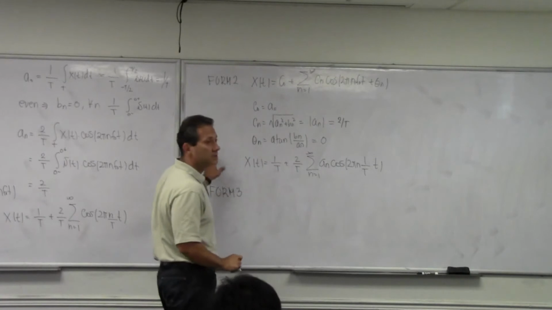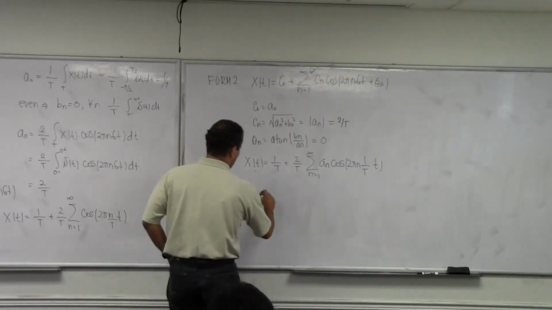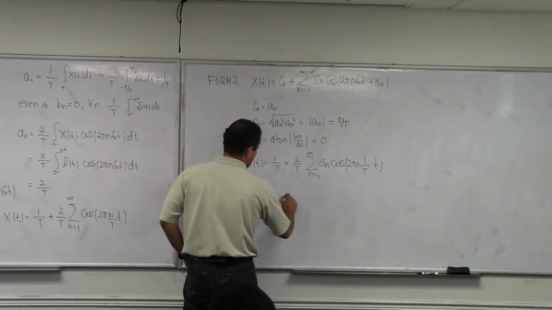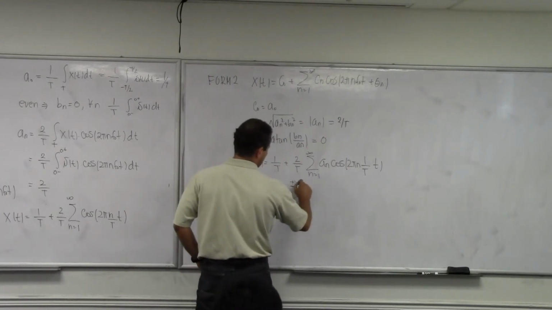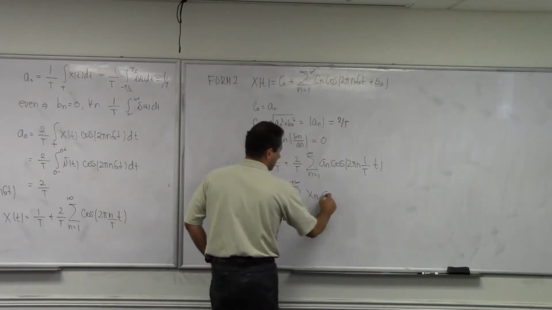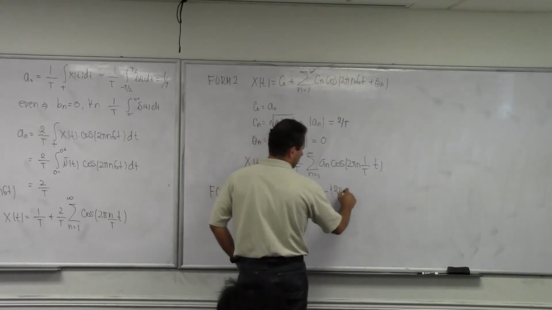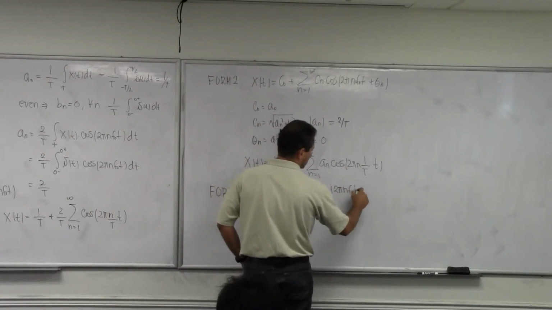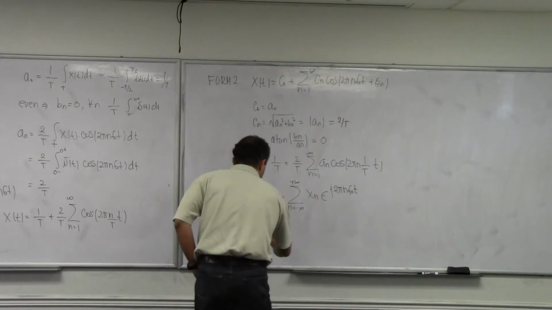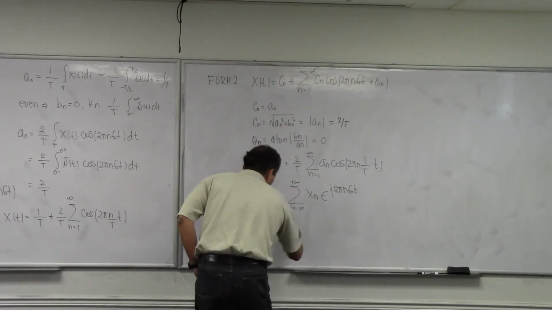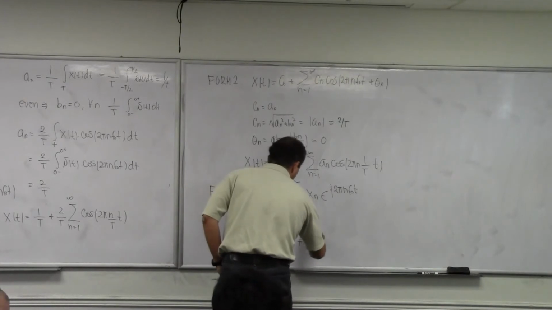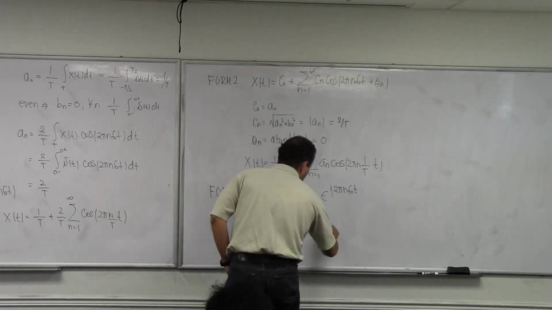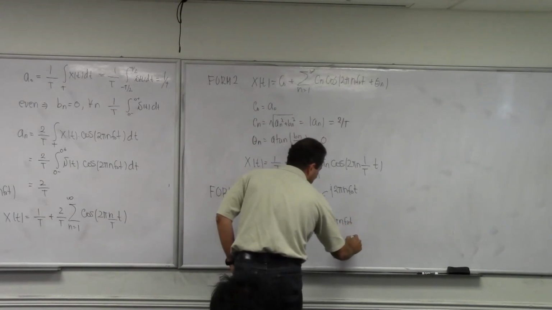Form 3 is the complex Fourier series. In form 3, we say x of t is sum when n goes from minus infinity to plus infinity, xn e to the j 2 pi n f0 t. Now xn has a calculation formula. It is 1 over T integral over T, x of t e to the minus j 2 pi n f0 t dt.